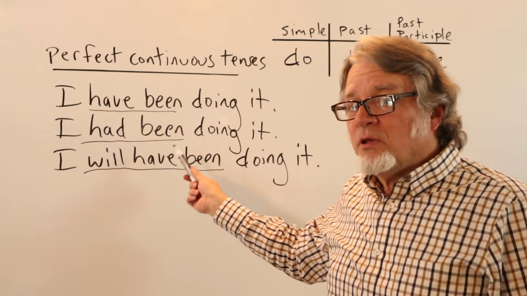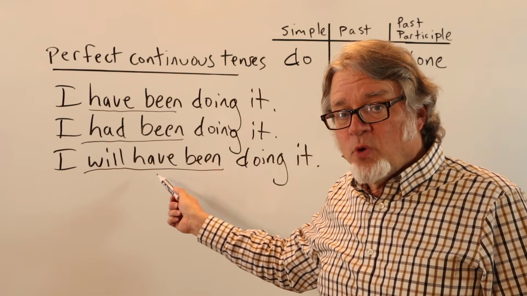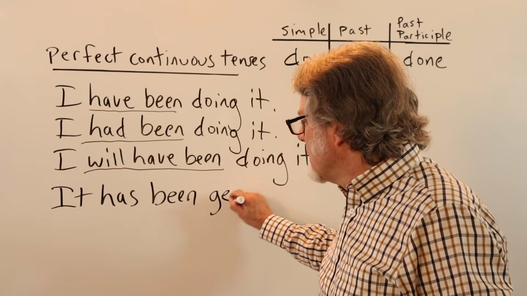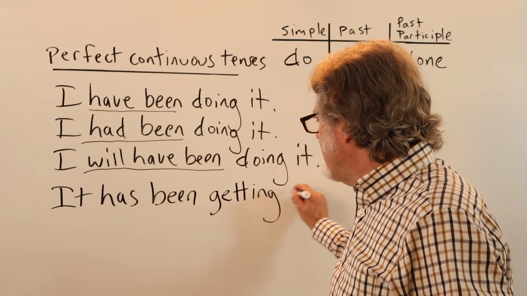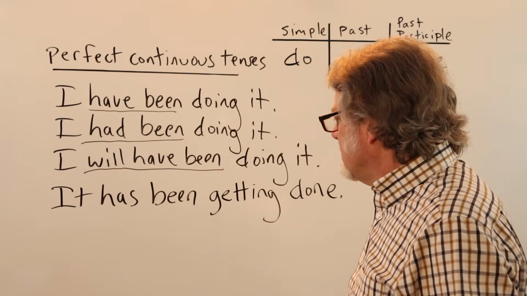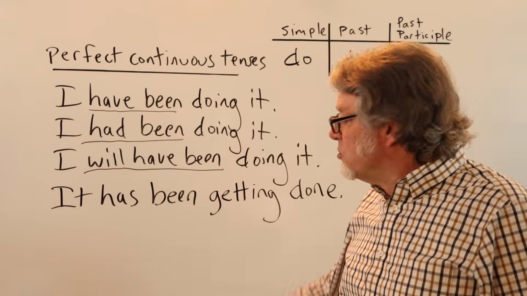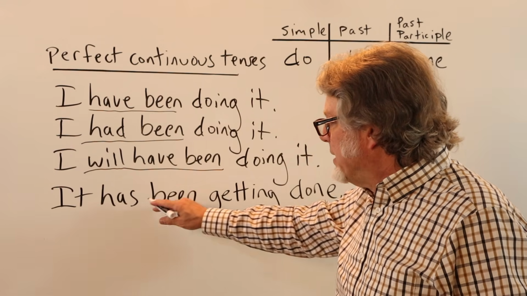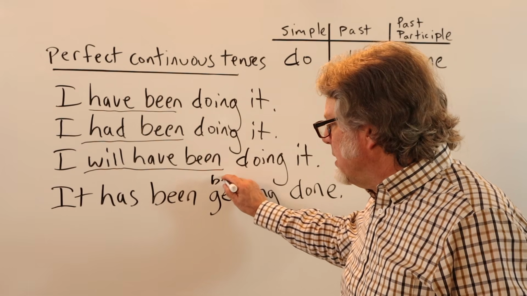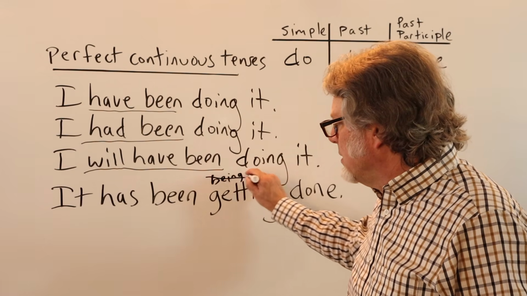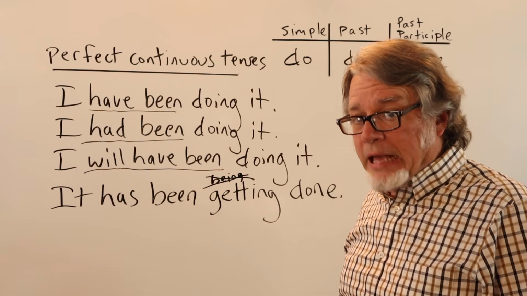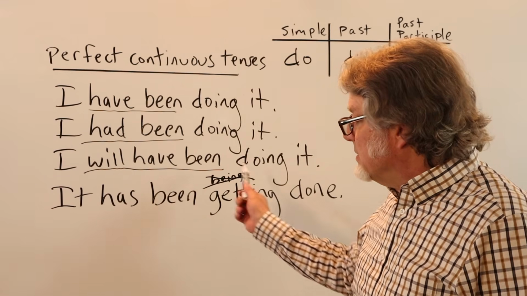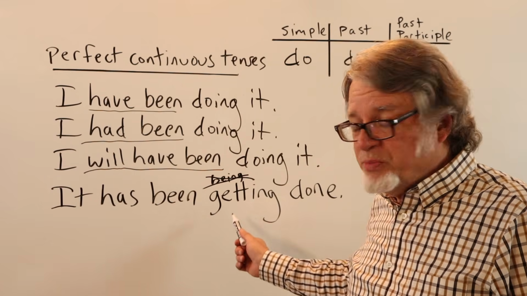It's very difficult to put this into the passive voice. It has been getting done. You could not use being here. We can't say it has been being done. But getting sounds okay. Not great, but it's a possibility.